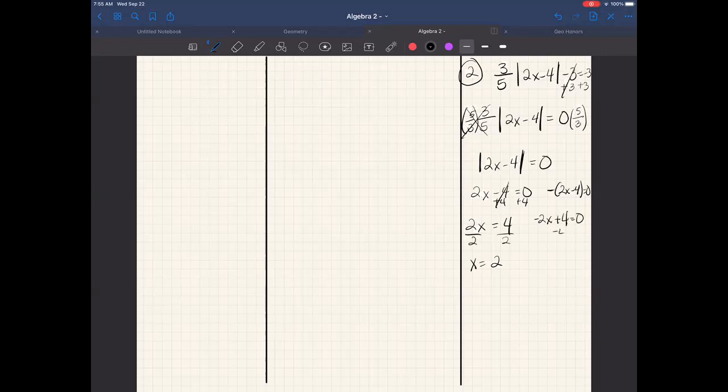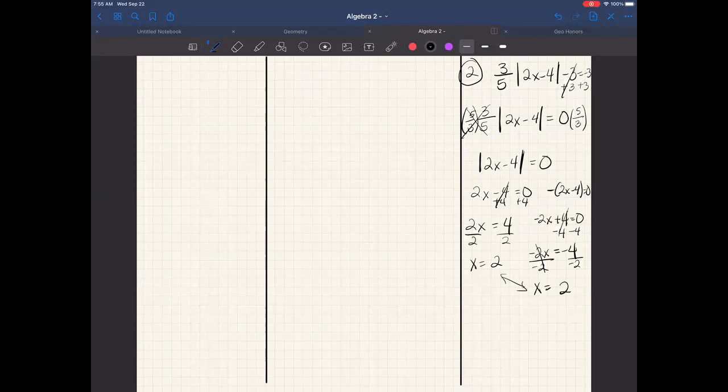I'm going to subtract 4. That gives me negative 2x equals negative 4. When I divide both sides by negative 2, what does that leave me with? 2.